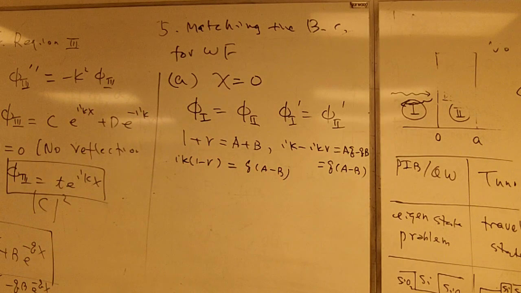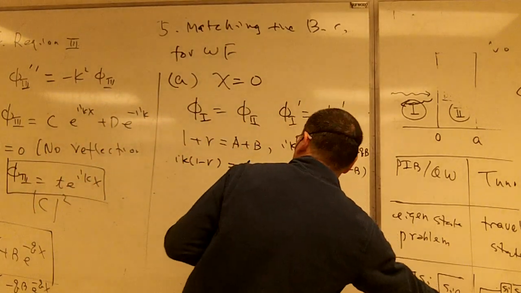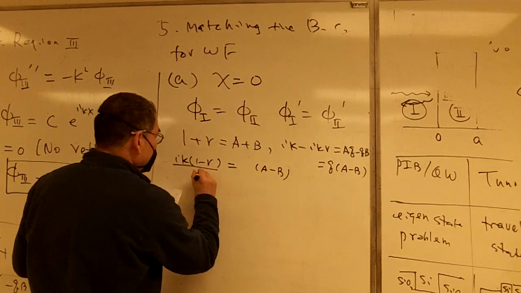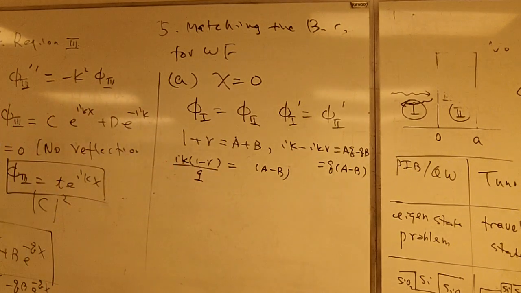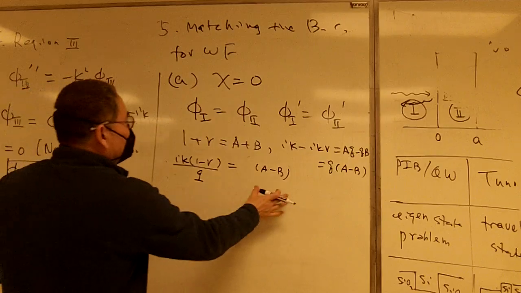And I'm going to divide both sides by q, so therefore I have this equation. So this essentially maps the boundary condition at x equals 0.